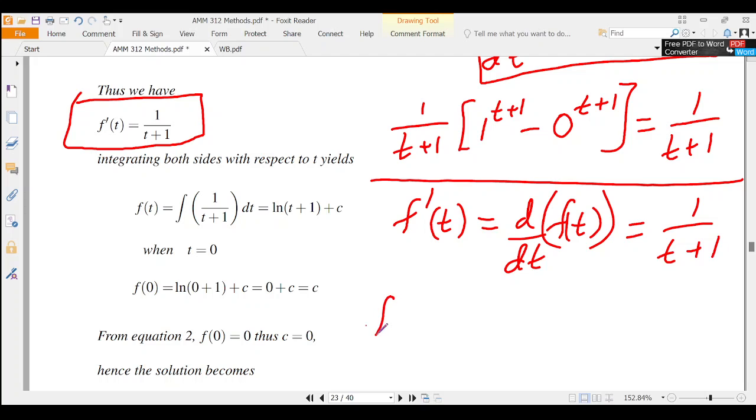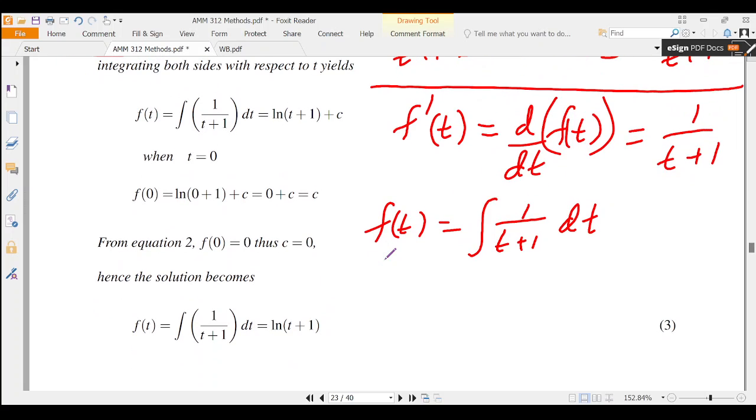So if we want to get f of t, then we integrate our expression, 1 over t plus 1, with respect to t, because this one is a derivative with respect to t. Integrating this expression gives us logarithm of t plus 1 plus a constant. So this is f of t.